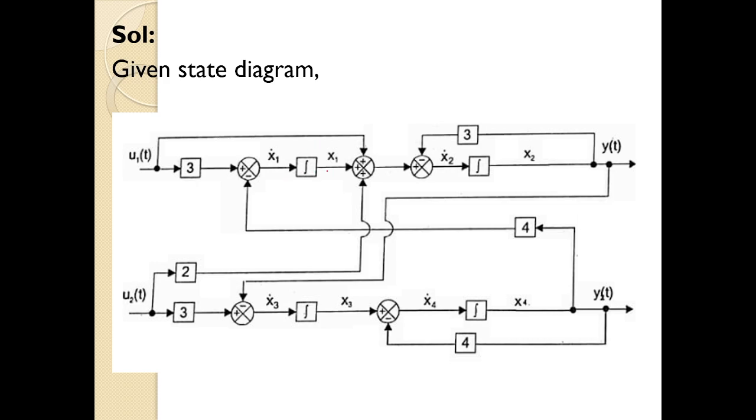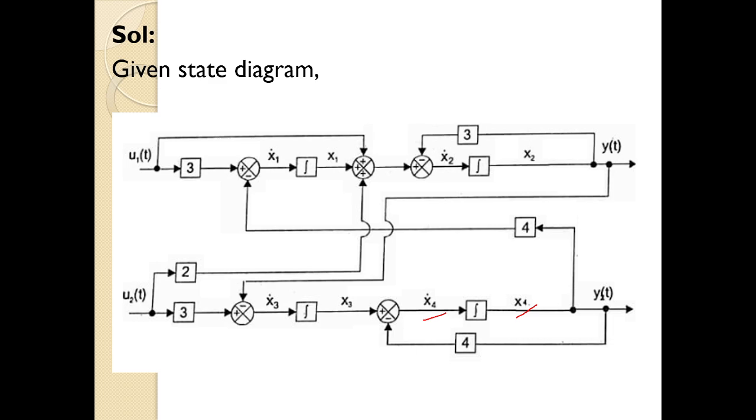So input to the integrator whose output is x1 is x1 dot, input to the integrator whose output is x2 is x2 dot, derivative of x2, input to the integrator whose output is x3 is derivative of x3, and input to the integrator whose output is x4 is x4 dot, that is derivative of x4.